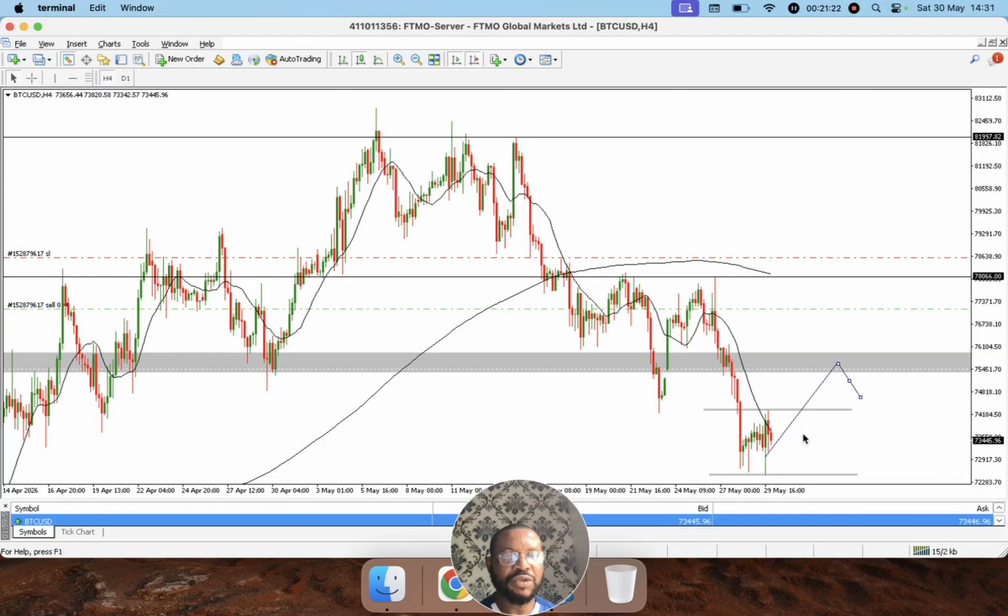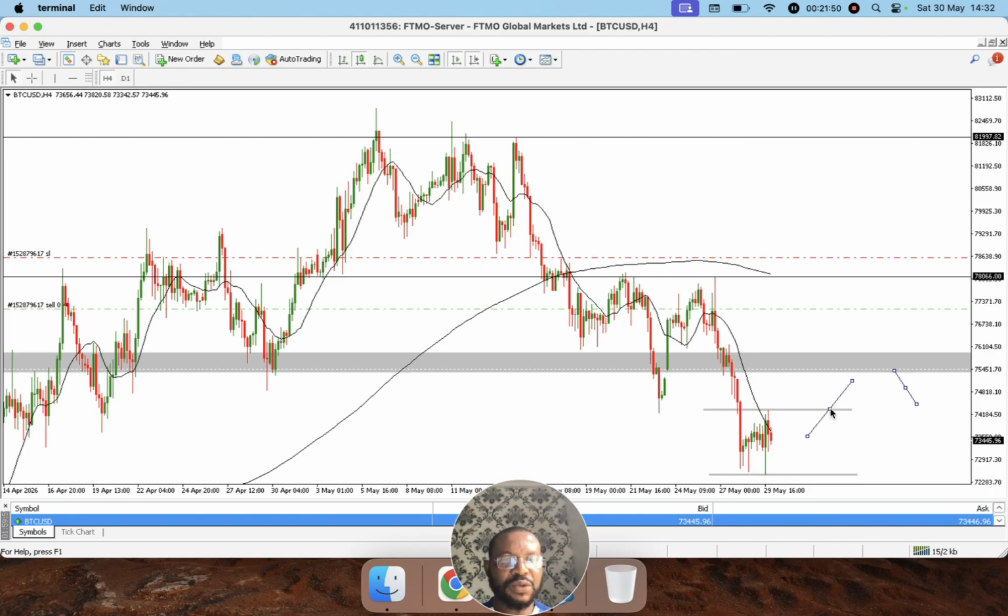The next thing we are going to see is the accumulation, manipulation, and distribution. If you don't know how the accumulation, manipulation, distribution system works, you can check YouTube or read about it. We'll see a movement in this place. At this point, the market will be engineering liquidity, building liquidity to create a false resistance, create a false support.